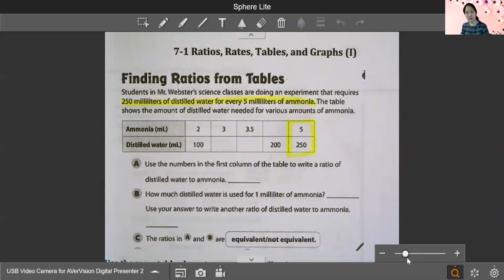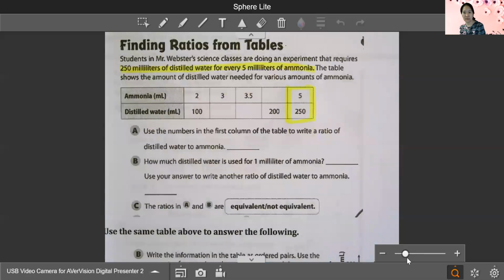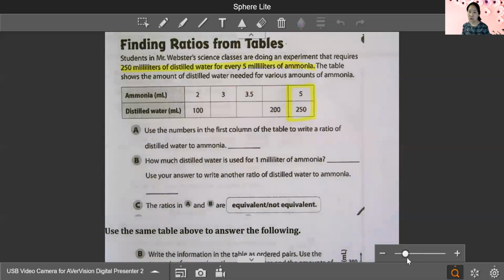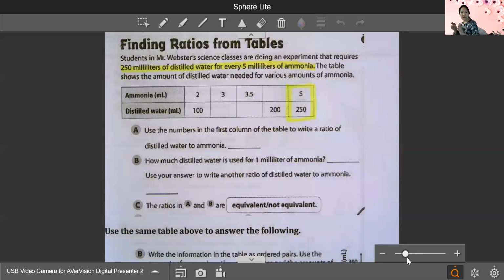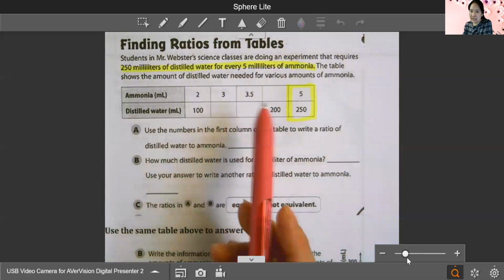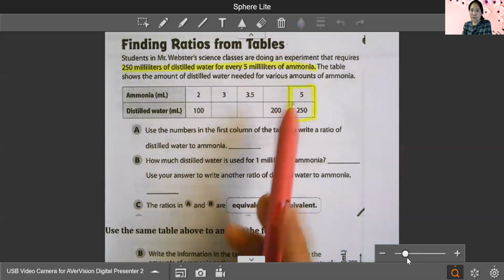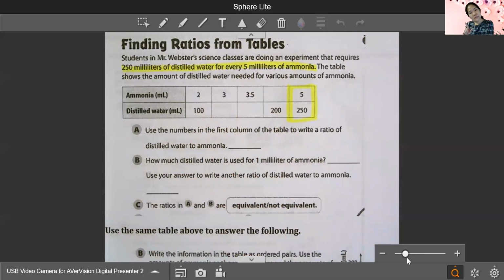Okay, so A, it says use the number line in the first column of table to write a ratio of distilled water to ammonia. So first, I'm actually going to complete the table, okay? And this is the way I'm going to do. So the first thing I want to do is I actually want to simplify.